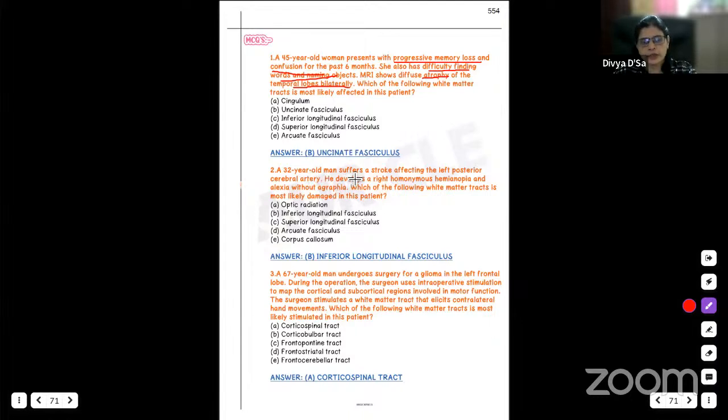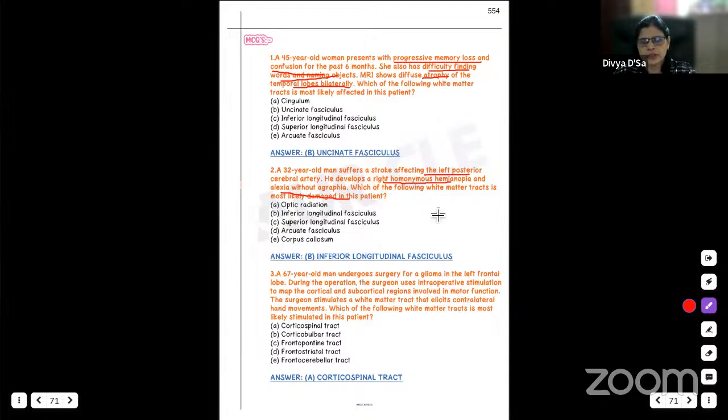A 32-year-old man suffers a stroke affecting the left posterior cerebral artery. He develops a right homonymous hemianopia and alexia without agraphia. Basically, his vision is affected, and alexia without agraphia means he has no problem with writing.